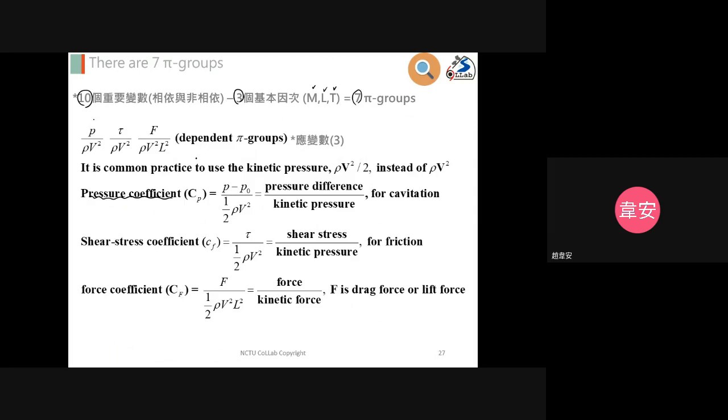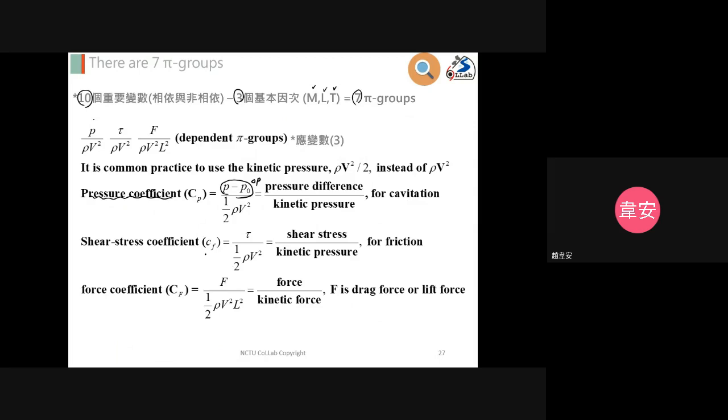You can see the pressure coefficient is defined by the pressure difference divided by the kinetic pressure. And this is very useful to do the cavitation analysis.